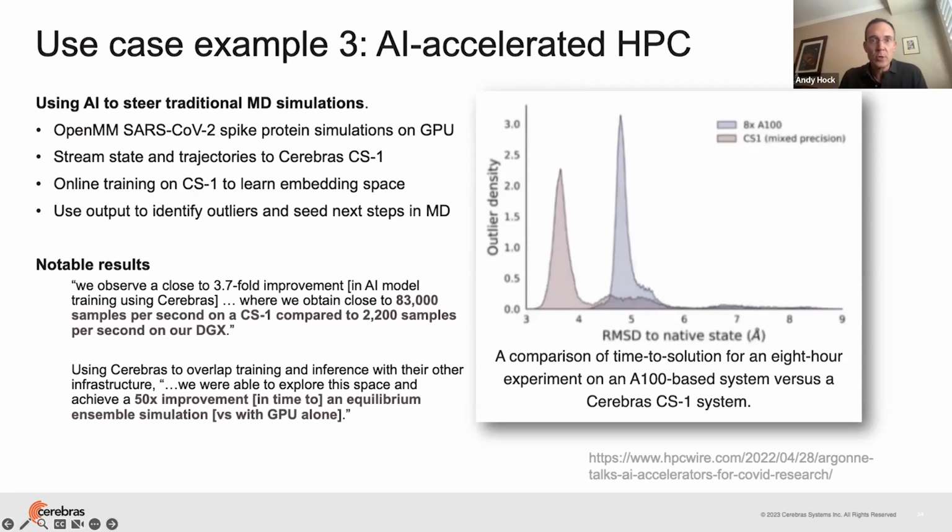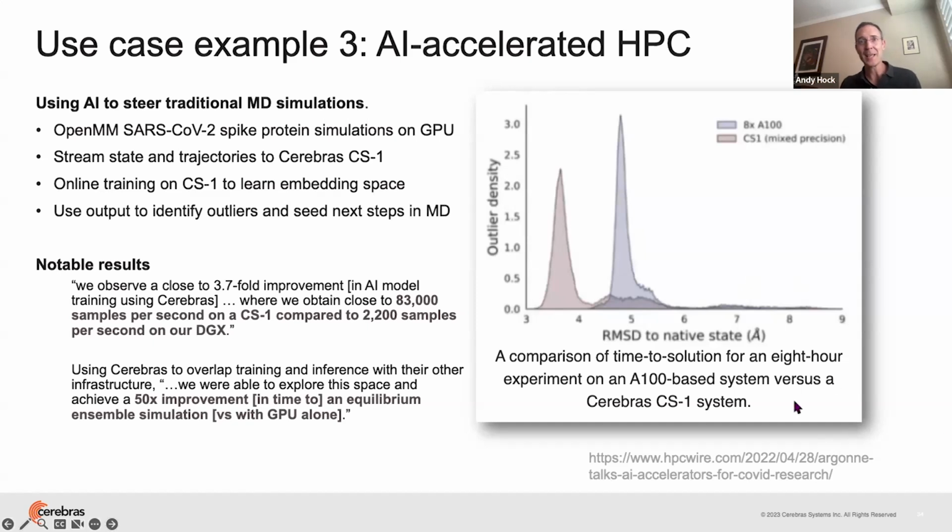But in the traditional scientific HPC community, there's also growing interest in using AI models to accelerate fundamental science and high-performance computing. Whether building AI models as surrogates for underlying physical, chemical, biological processes, or using AI models alongside traditional simulations to accelerate overall time to solution for a complex modeling and simulation routine.